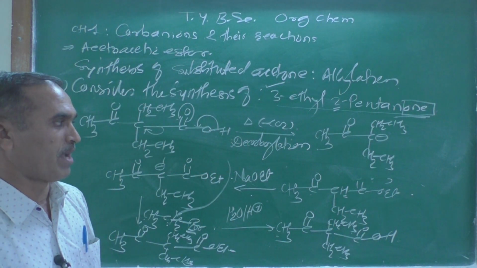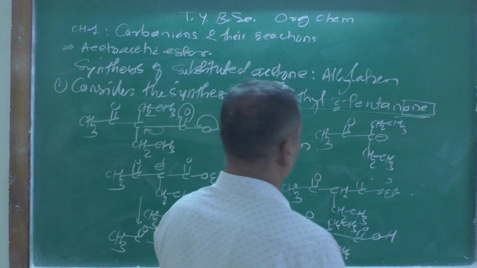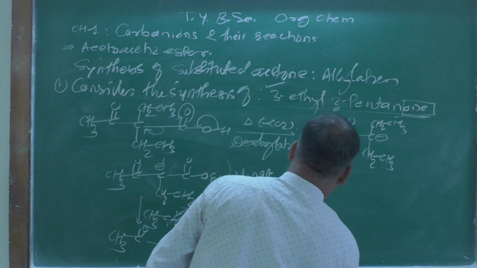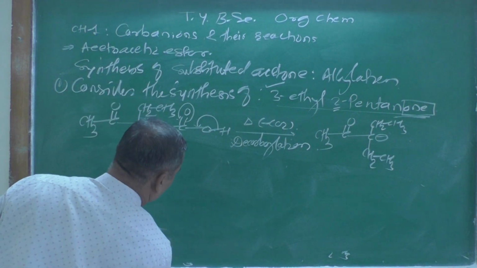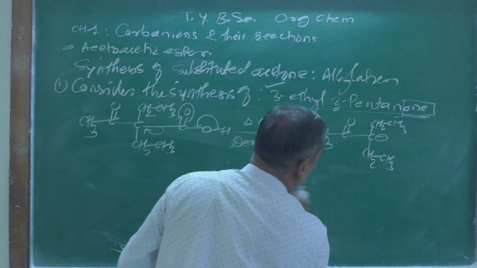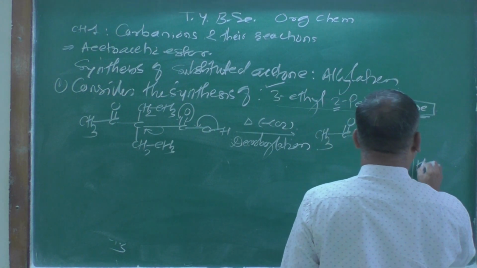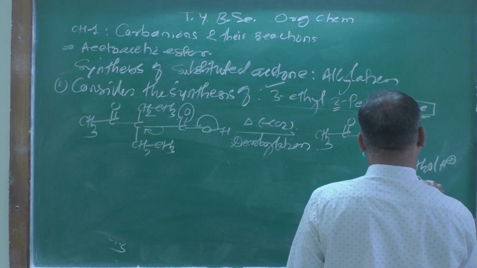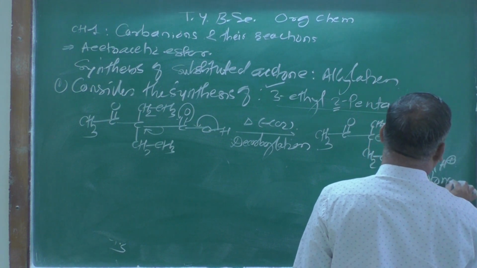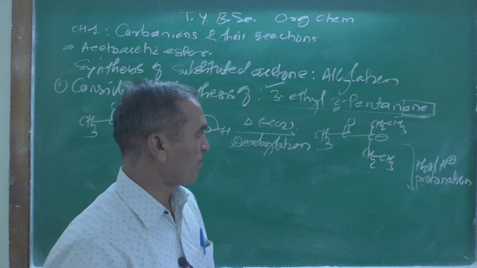The carbanion is again formed in this case. Now this carbanion will pick up the proton from the solvent, and generally here we are using H2O in presence of H plus, and this process is known as protonation.